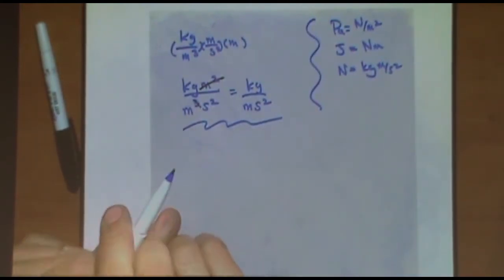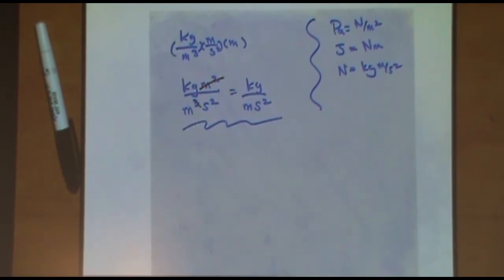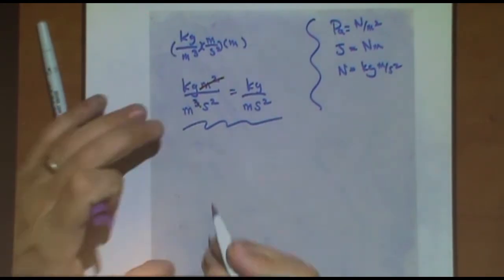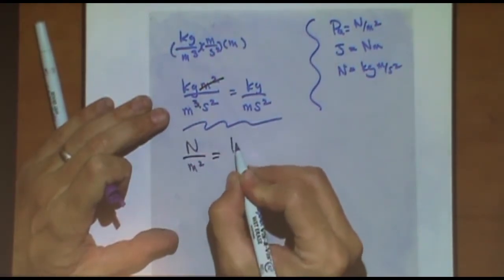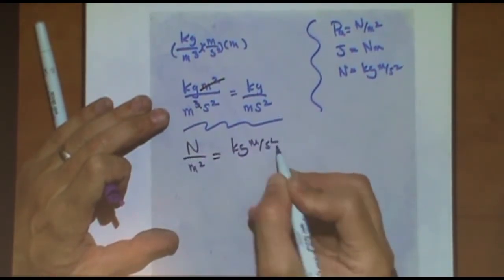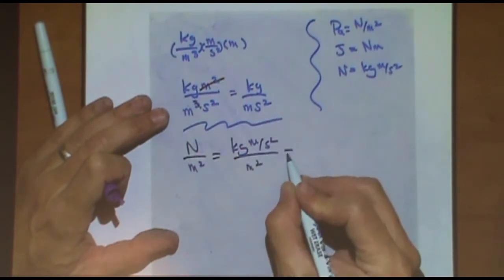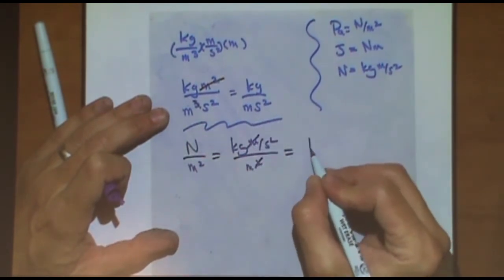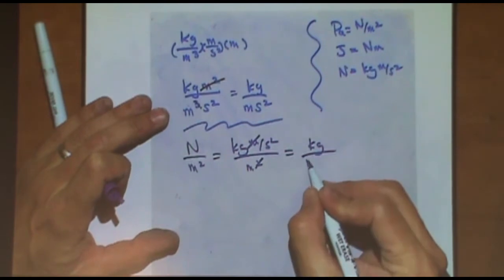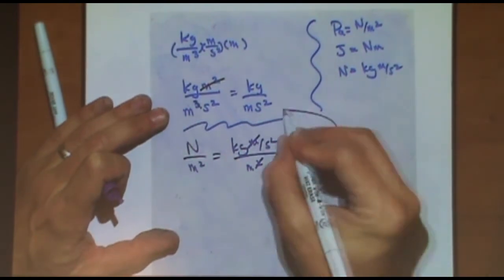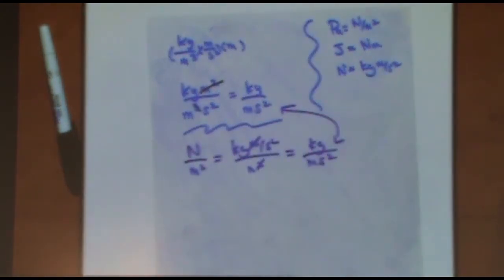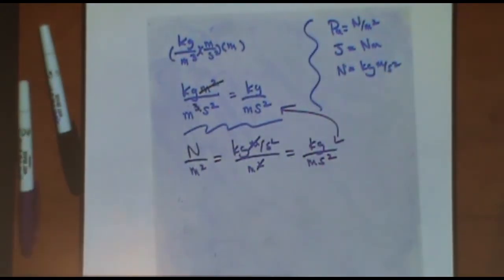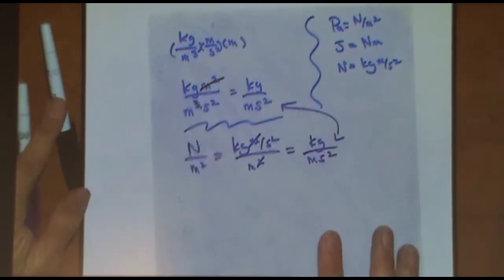So if you weren't sure, if you didn't notice that, hypothetically, then you would say, okay, let's go through these randomly. I wonder what a Newton per meter squared is. Well, that's a kilogram meters per second squared divided by a meter squared. Cancel out one of the meters, that's a kilogram per meter second squared. Oh, hey, they're the same. This must be a Pascal. So you have to do that kind of manipulation. Is that okay? A classic. Make sure you practice it.